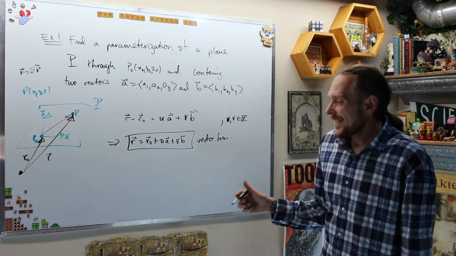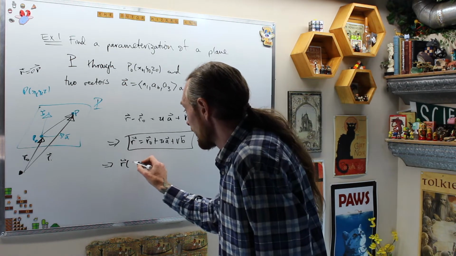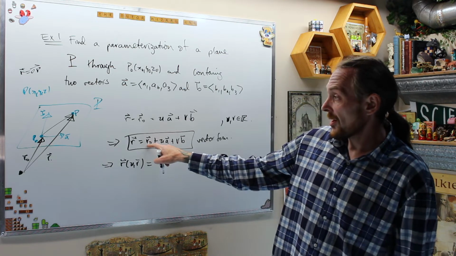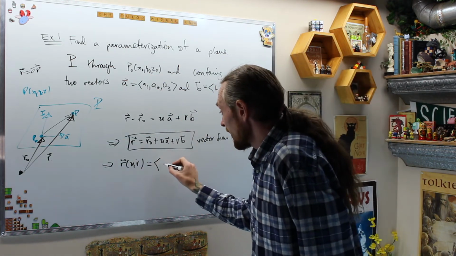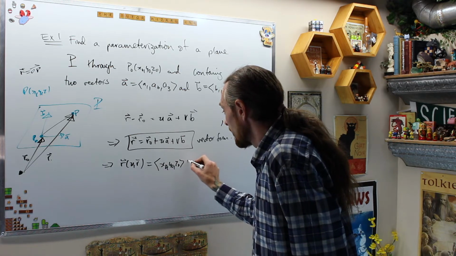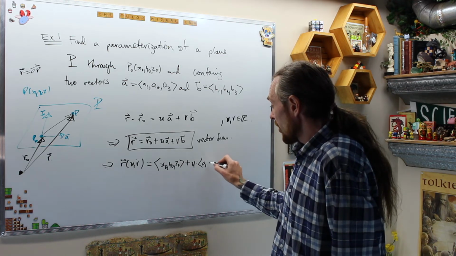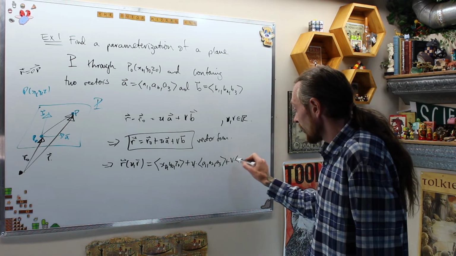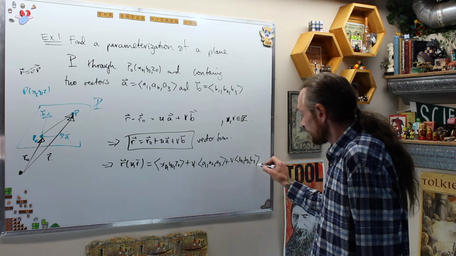Specifically, what we're going to do with that is that gives us a parameterization R of UV is equal to, what were the coordinates of R naught? That's x naught, y naught, z naught. So that's going to give me x naught, y naught, z naught plus U times scalar multiplied A1, A2, A3 plus V times scalar multiplication of B1, B2, and B3.